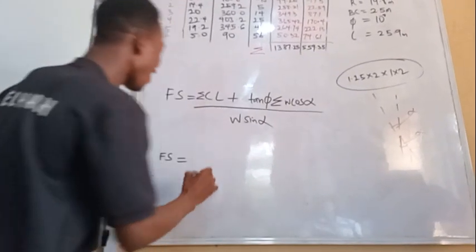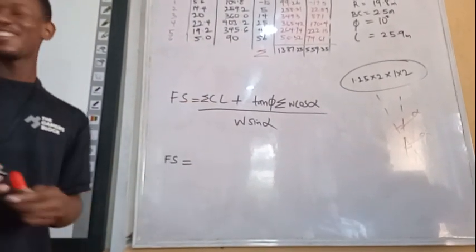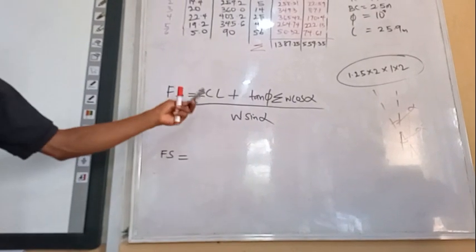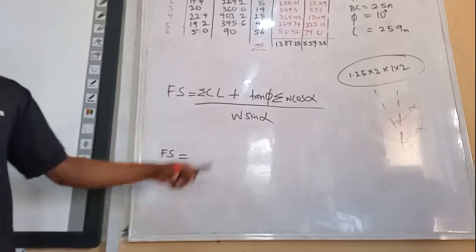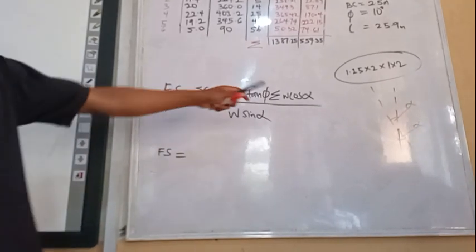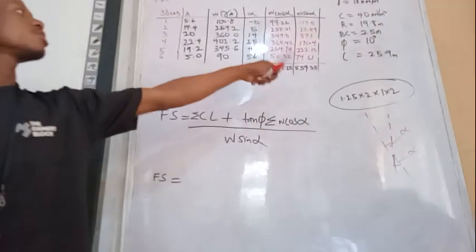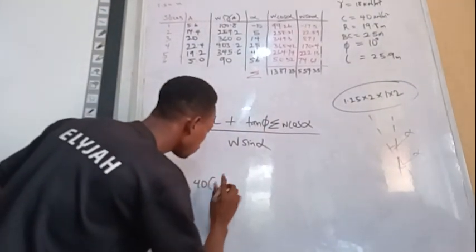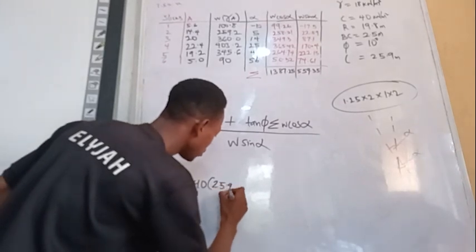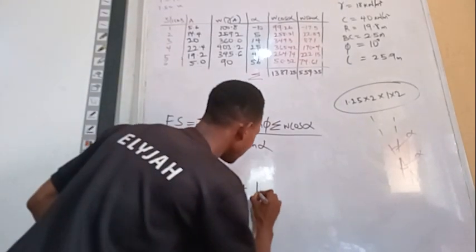Down to the final part. Our factor of safety is summation CL. We only have one CL, so this summation is not valid. So our C is 40, our L is 25.9. That's 40 bracket 25.9 plus tan 10.